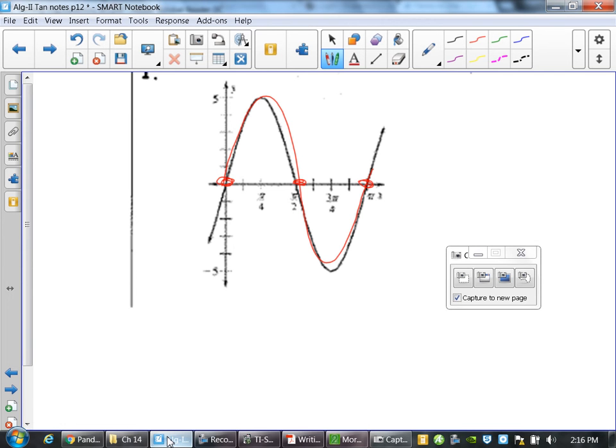If you had a to the 4th, then you'd have 4 solutions, and 3 changes in direction. Yeah, that was for the polynomials. So this is a little bit different. These are trigonometric.